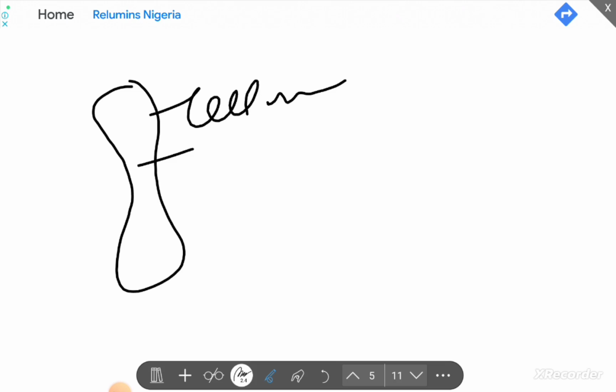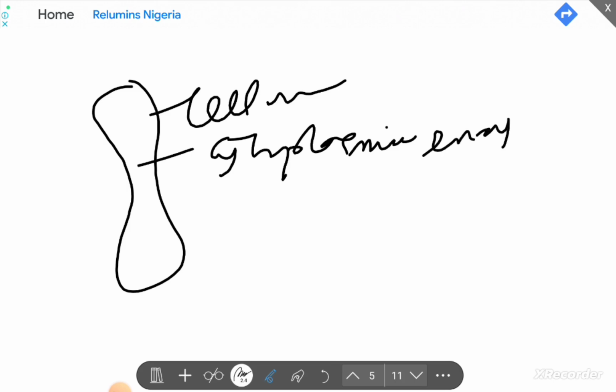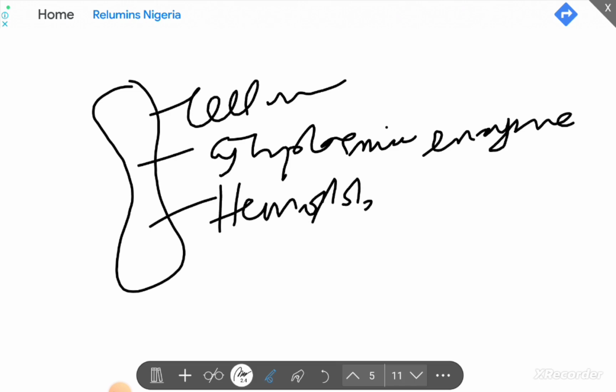There are cytoplasmic enzymes, of which the main one is carbonic anhydrase, and also hemoglobin inside the red blood cell.